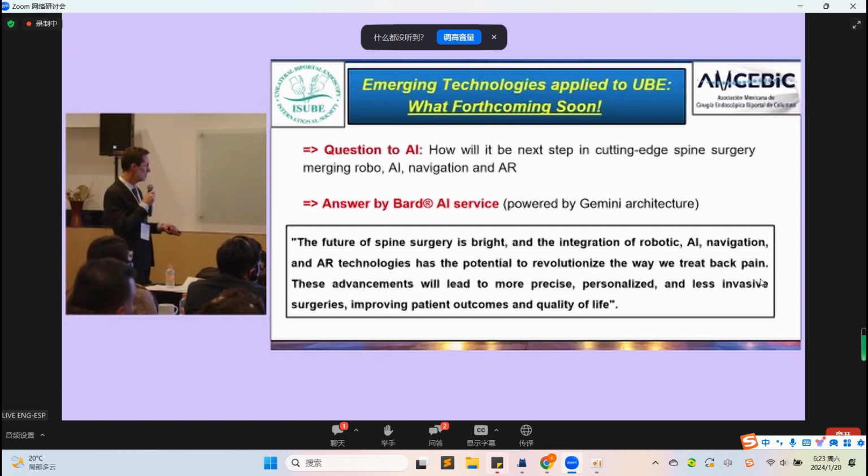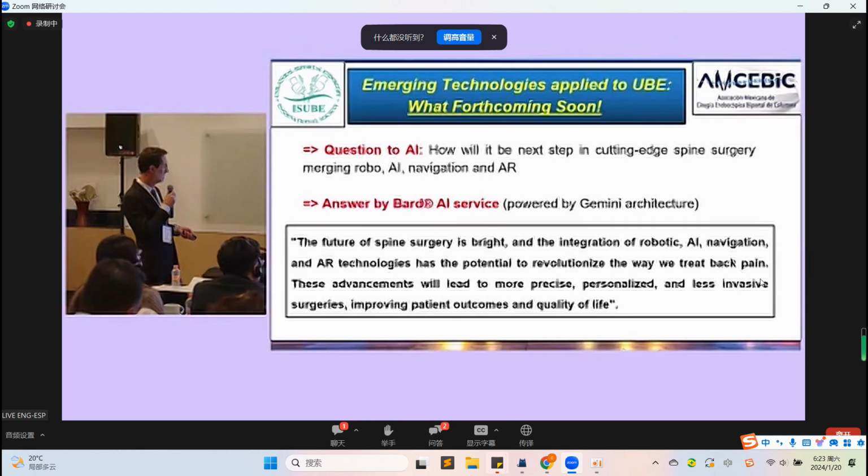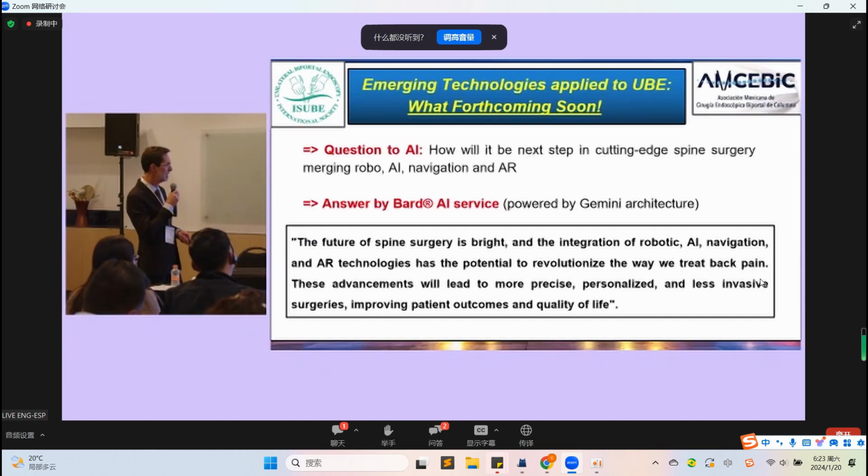And the answer: the future of spine surgery is bright, and the integration of robotics, AI navigation, and augmented reality technology has the potential to revolutionize the way we treat back pain. These advancements will lead to more precise, personalized, and less invasive surgery, improving patients' outcomes.